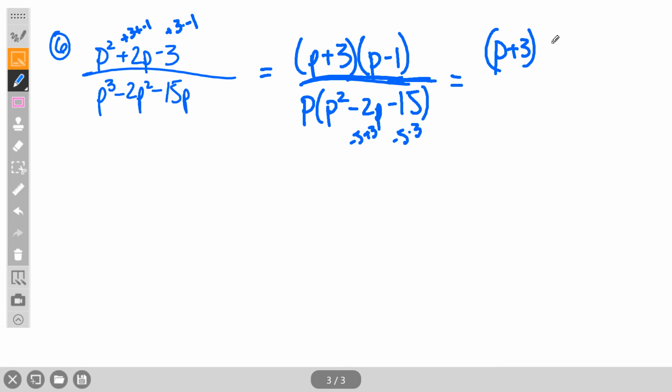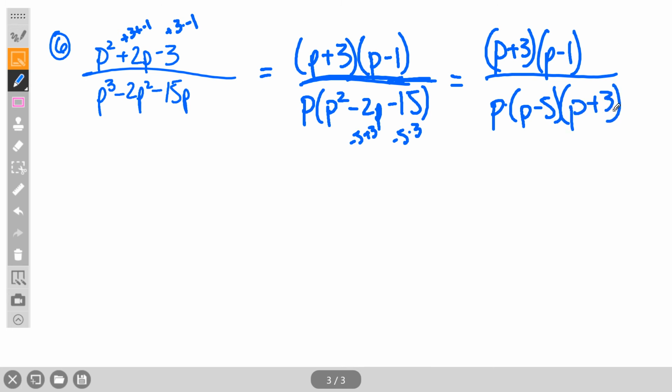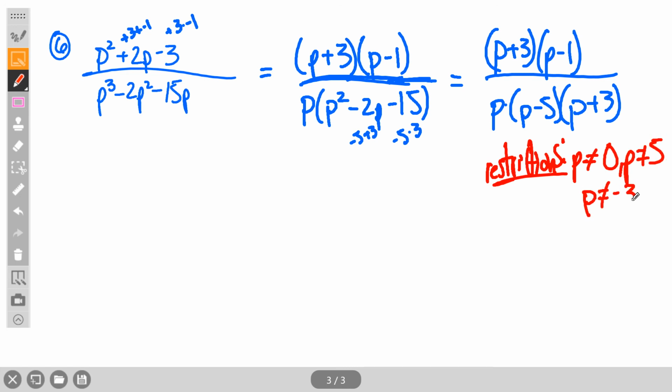P plus 3, p minus 1, p minus 5, and p plus 3. And of course the restrictions here, p cannot be equal to 0, p cannot be equal to 5, and p cannot be equal to negative 3.